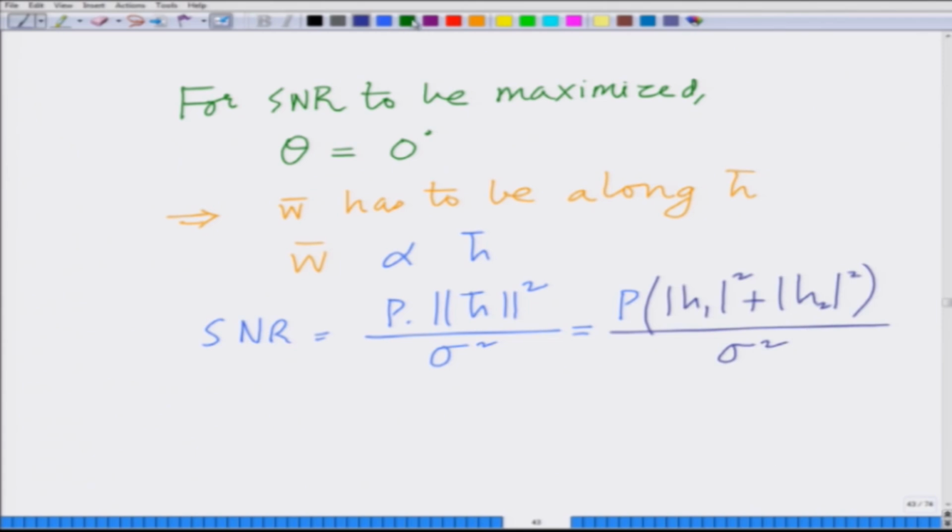And now, how can we set W bar? We said W bar has to be proportional to H bar. One can choose W bar such that the norm of the vector W bar is unity, which means I can choose W bar to be H bar divided by the norm of H bar.